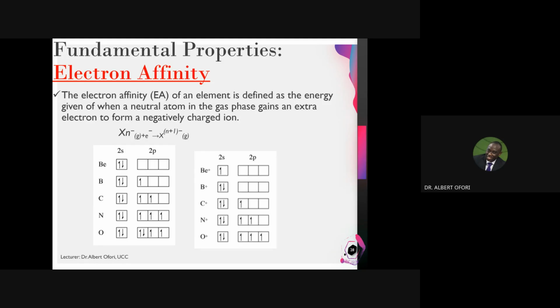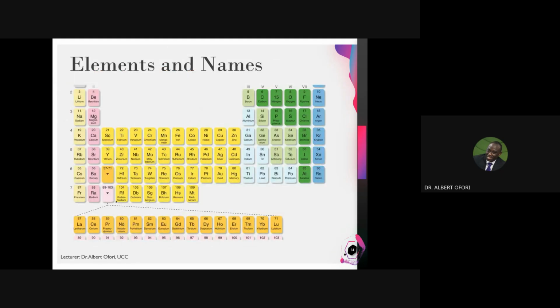So electron affinity is just the energy which we require to add on an extra electron to another system to make it negatively charged. Now again, look at the periodic table. If you look at it, as I move across the period, the nuclear attraction is going to be strong.